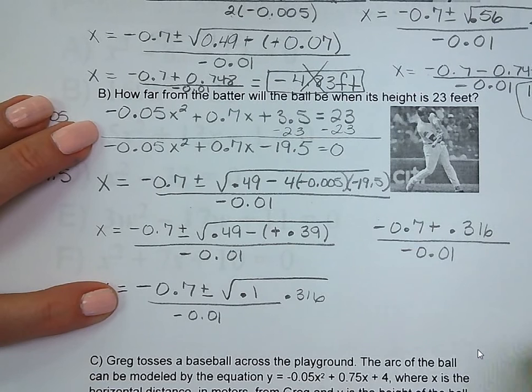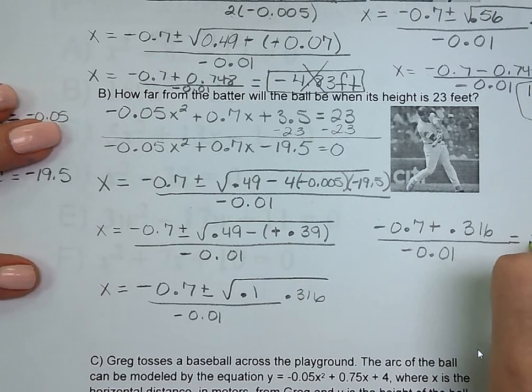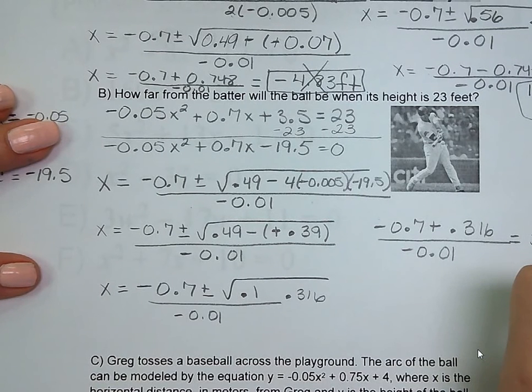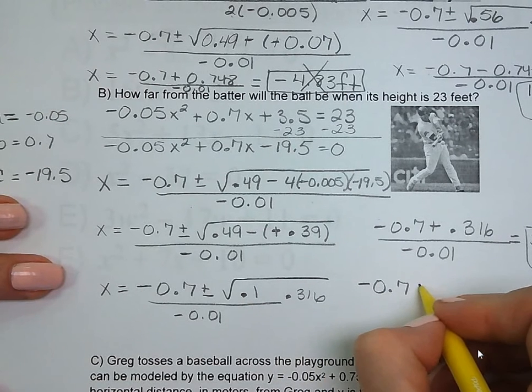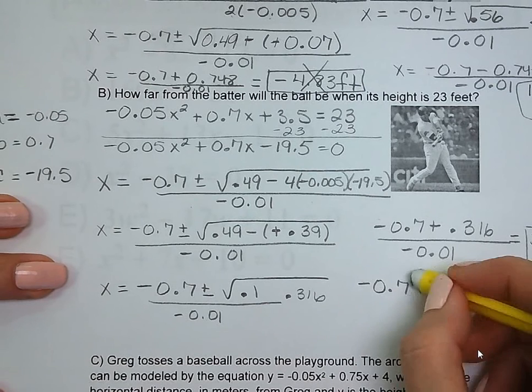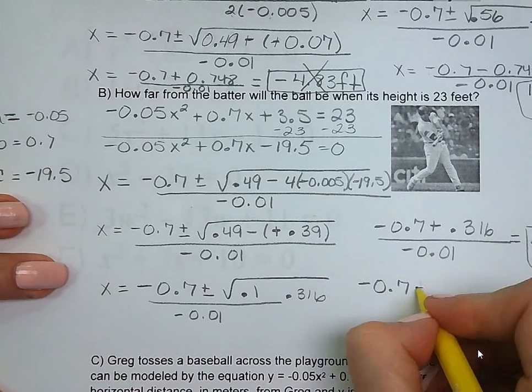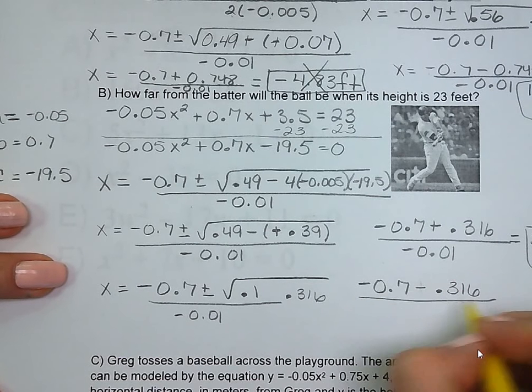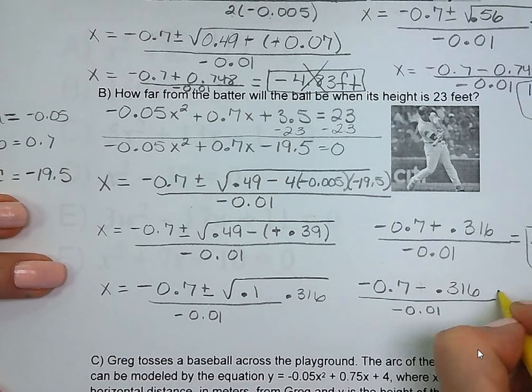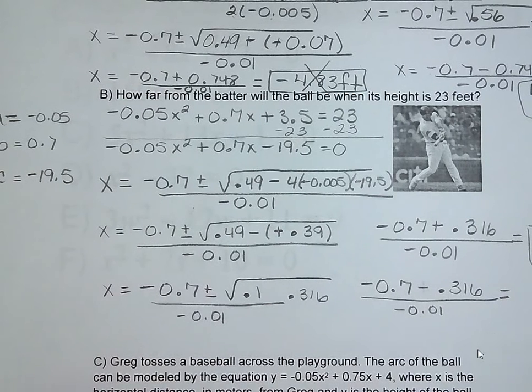And when we simplify that, we get x is equal to 38.38 feet. Our second solution is going to be x equals negative 0.7 minus 0.316 divided by negative 0.01, which is going to equal 101.62 feet.